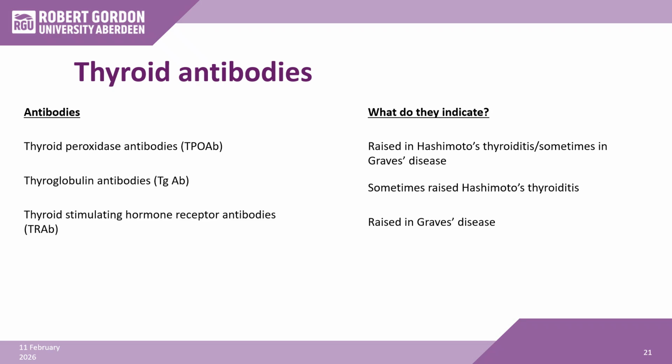We also have the thyroglobulin antibodies, the TgAbs, also associated with autoimmune hypothyroidism. And then we have the TSH receptor antibodies, which are a key marker of Graves' disease. A positive antibody test can help confirm the underlying cause, especially when symptoms or blood tests alone don't provide a clear picture. Okay.